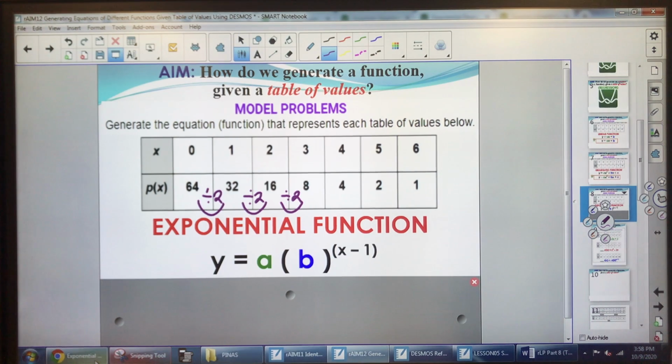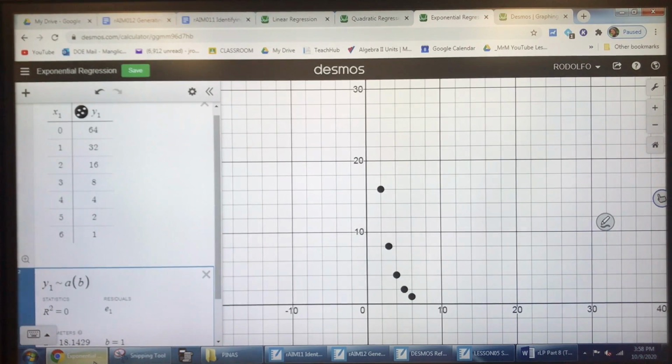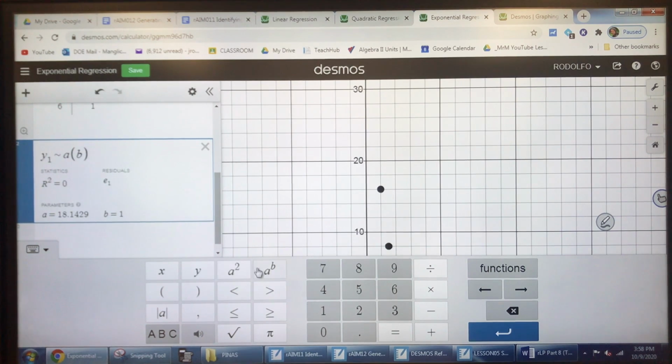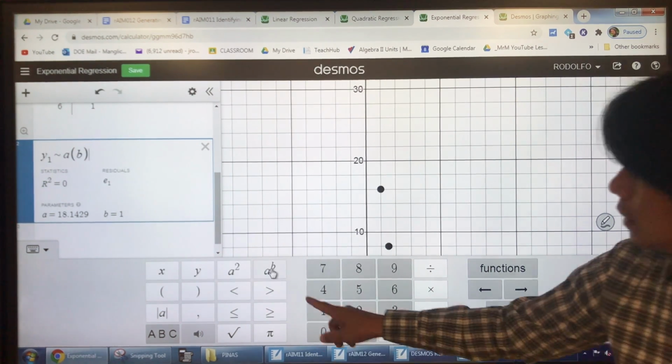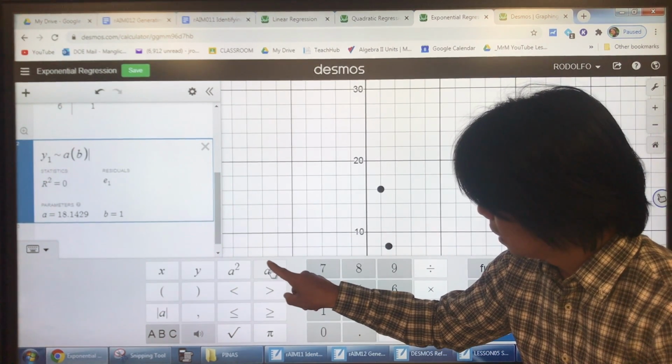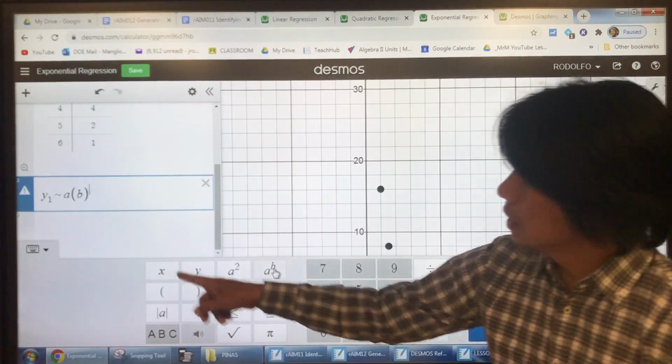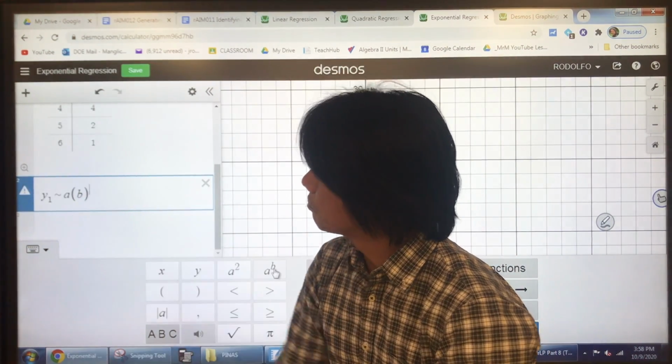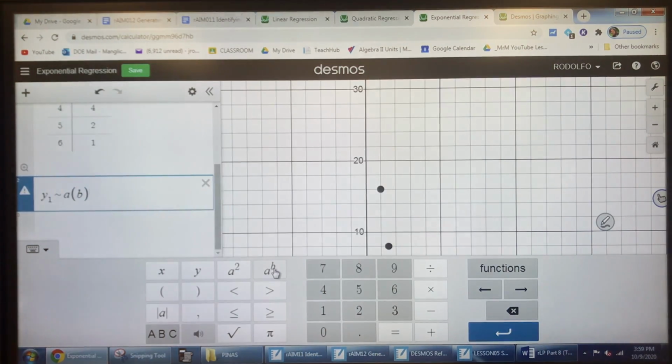Going back to Desmos, okay, I'm going to click this just to show you. Take a look here. This is your exponent. I'm going to click that. You see the cursor went up there on the exponent, and then put parentheses x minus 1 inside the parentheses.